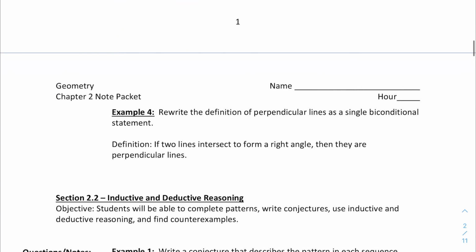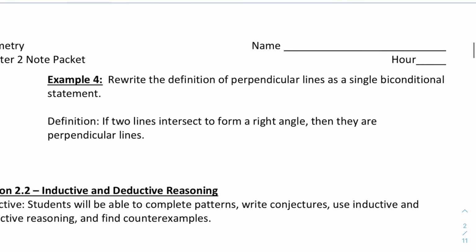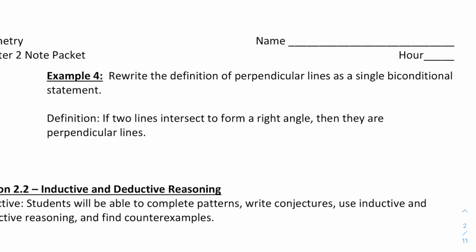All right, let's move on to our last example here. Rewrite the definition of perpendicular lines as a single biconditional statement. Remember, for a biconditional statement, we're taking the if and the then out, and we're going to replace then with if and only if. I sometimes abbreviate if and only if with IFF, just keeping you in the loop.